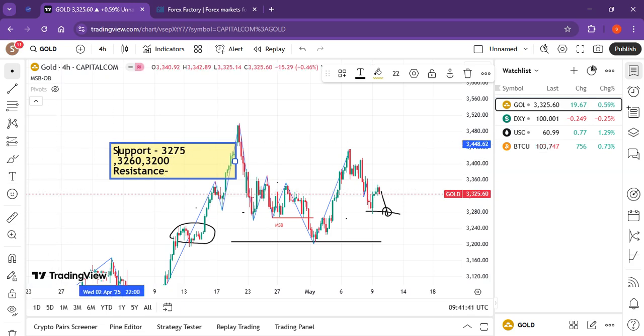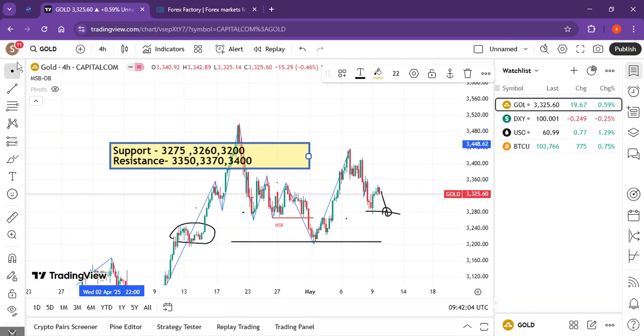This is not a daily analysis video, guys. Resistance will be 3350, then likely 3380, this area. 3380, sorry, 3370, and then 3400 will again be the new level.